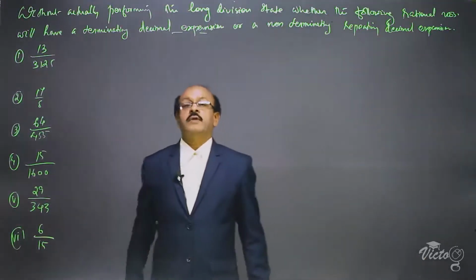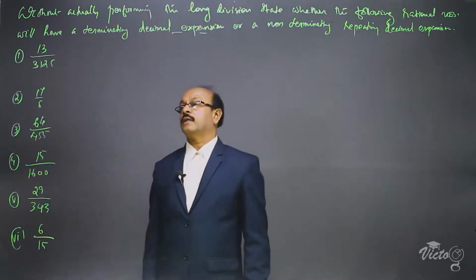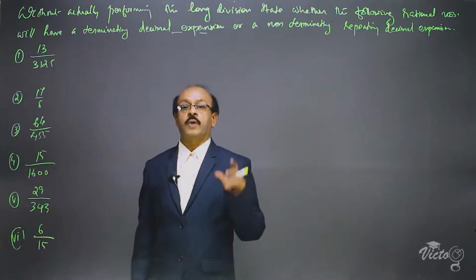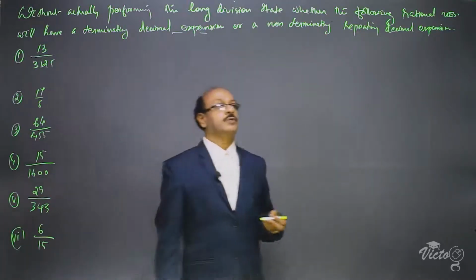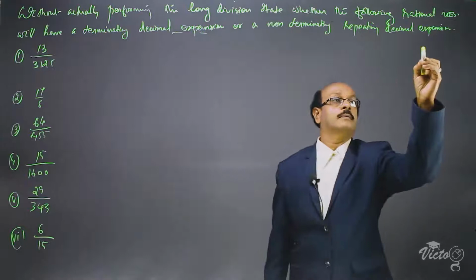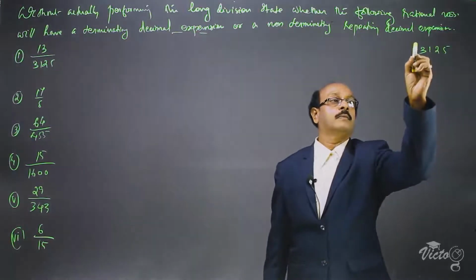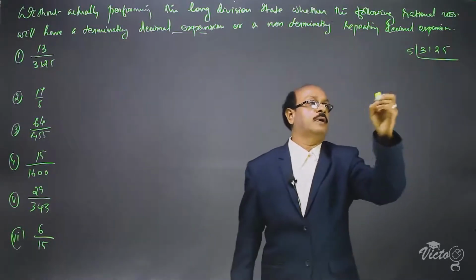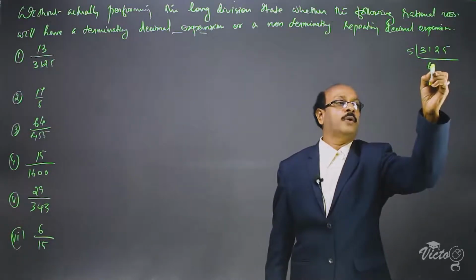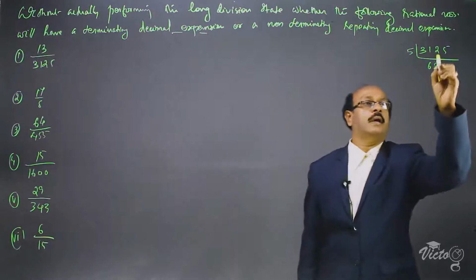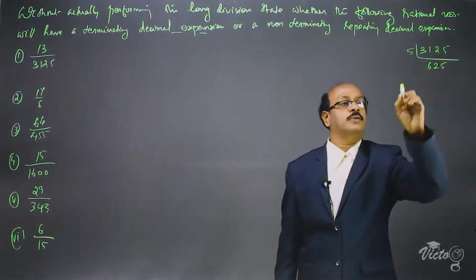For the first fraction, we have to take the denominator. It is 3125 and find the prime factorization. We can divide it by 5. 5 6s are 30, remainder 1; 5 2s are 10, remainder 2; 5 5s are 25.